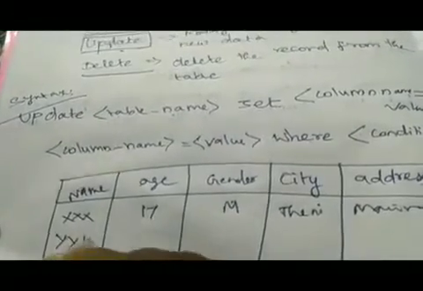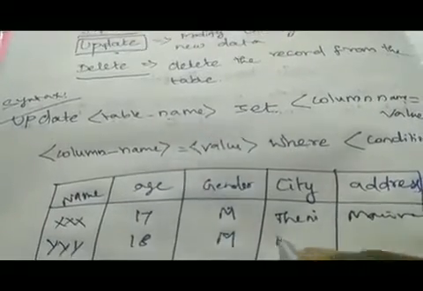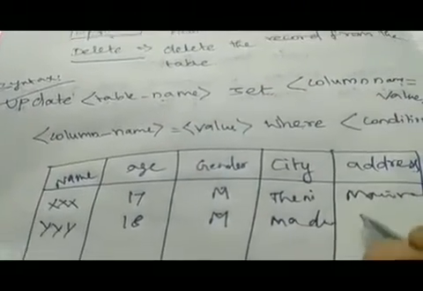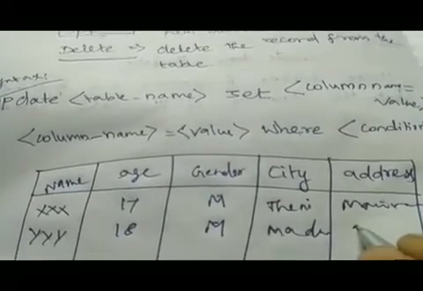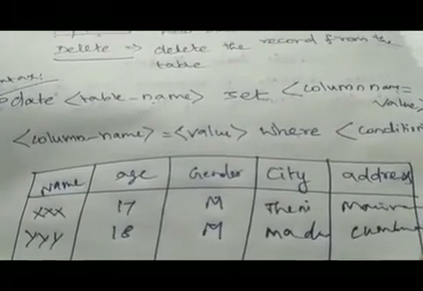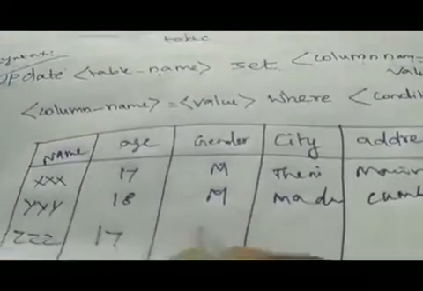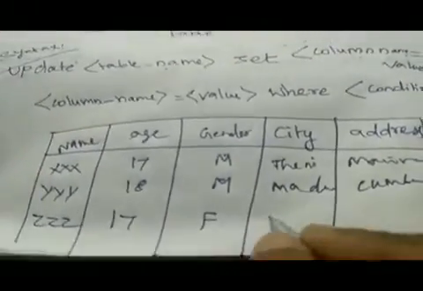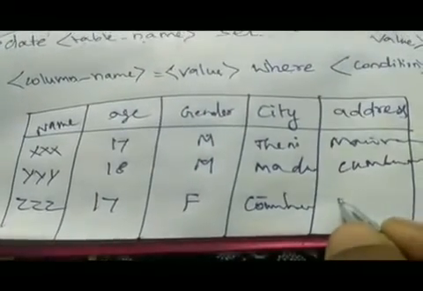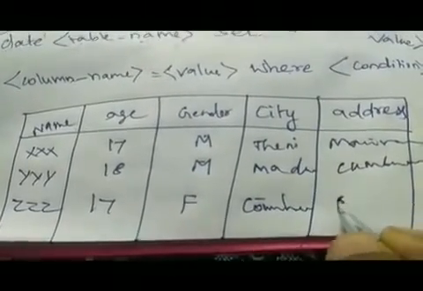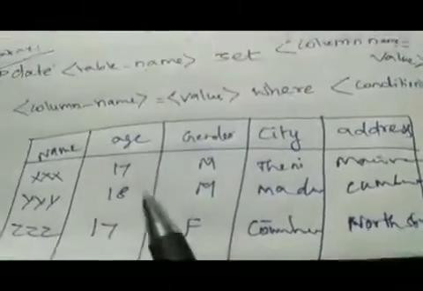Then YYY, 18, male, Madurai, here any road, Kambam road or something else. Then ZZZ, 17, female, here Coimbatore, North Street, we can put North Street. So these are the addresses, this is our table.